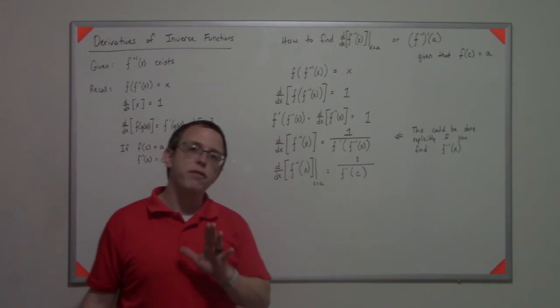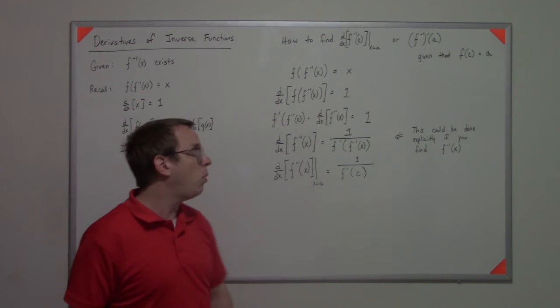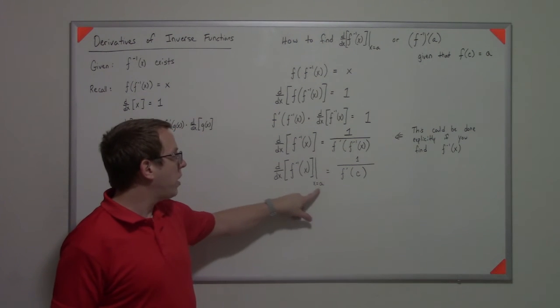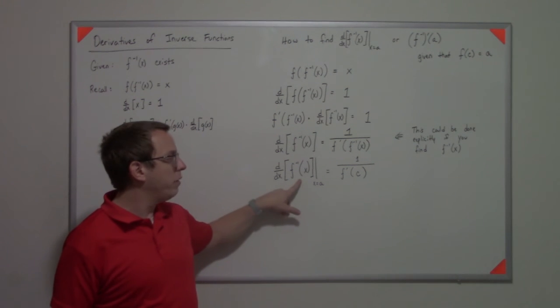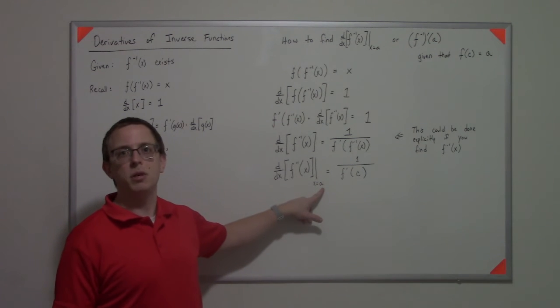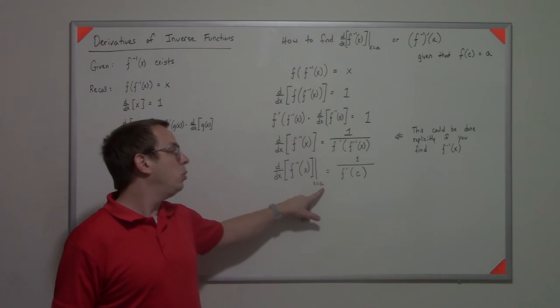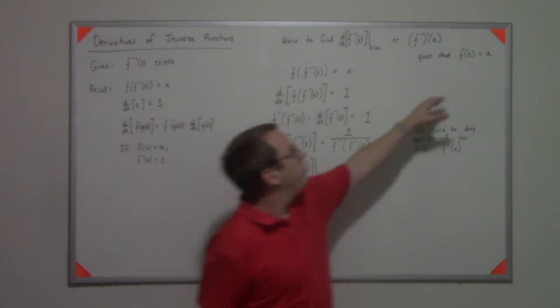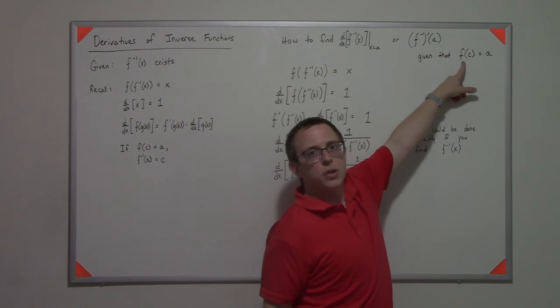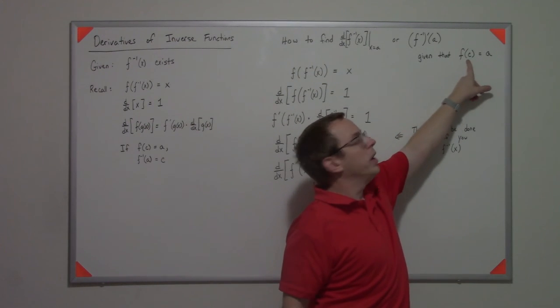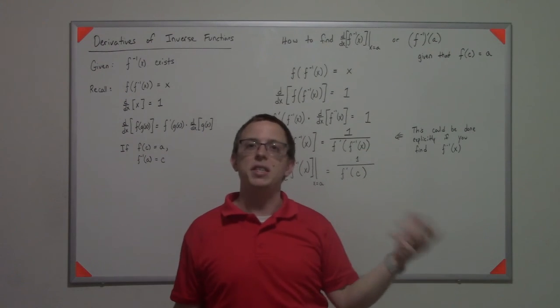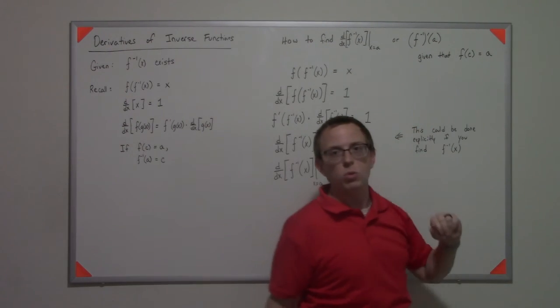But if you're just trying to find it at a single point, because if they say, okay, find the derivative of f inverse at, let's just say, x equals 1, what you do is you find a value that, if you plug it into the original function, gives you 1. So let's say that that value was 10. f of 10 equals 1.